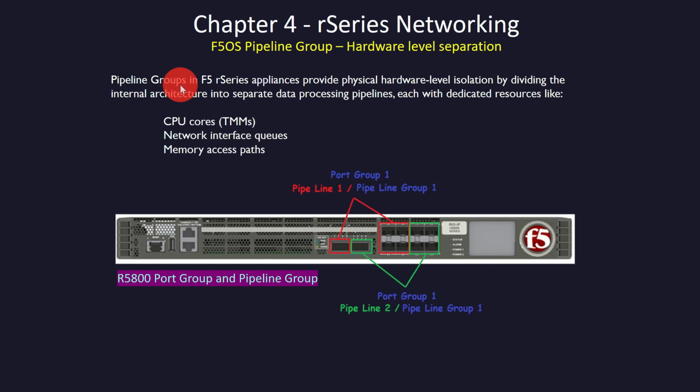Pipeline in F5 rSeries appliances provides physical hardware-level isolation by dividing the internal architecture into separate data processing pipelines, each with dedicated resources like CPU cores, network interface queues, and memory access paths.